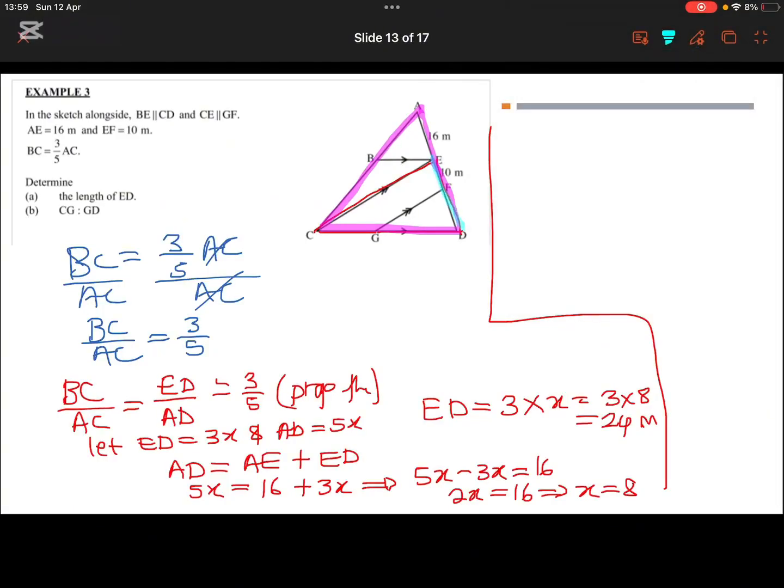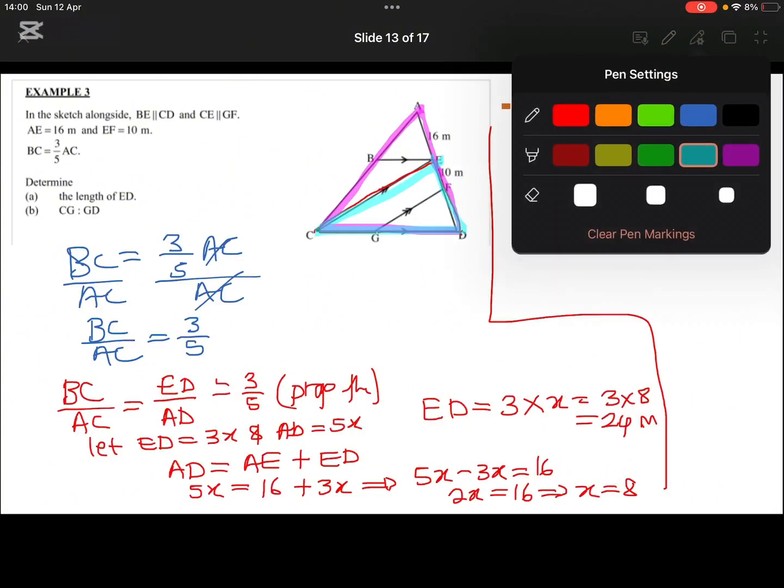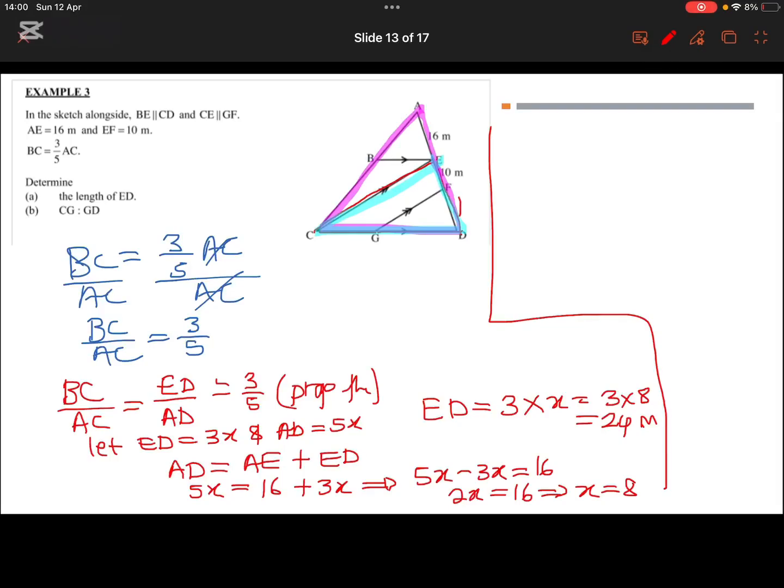Okay, let me use a different highlighter. So a line is drawn in triangle DCE. And in triangle DCE, we know that FD is 14. Here we have 14 meters. Why?